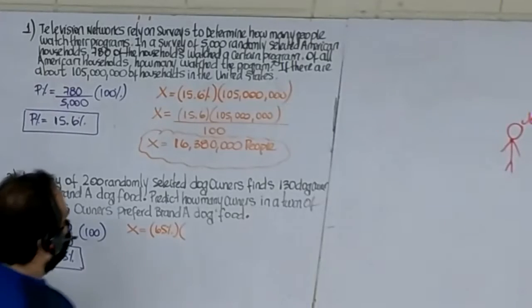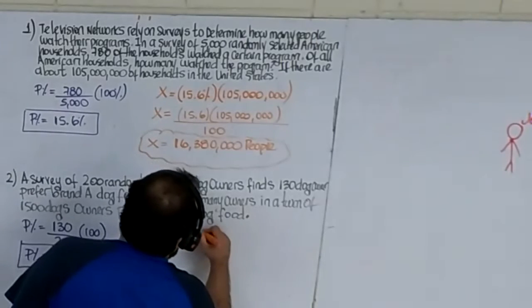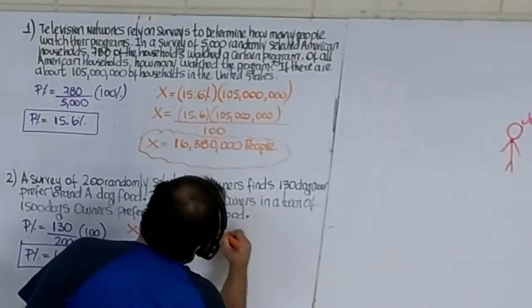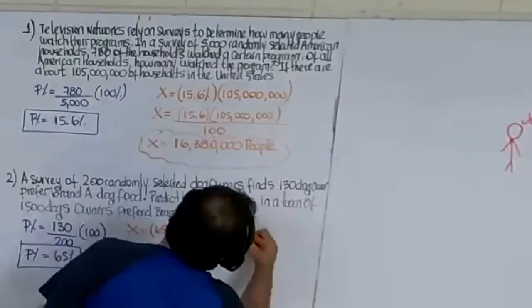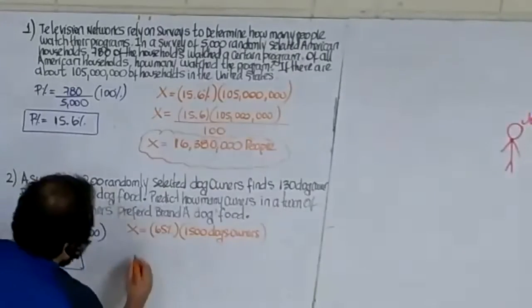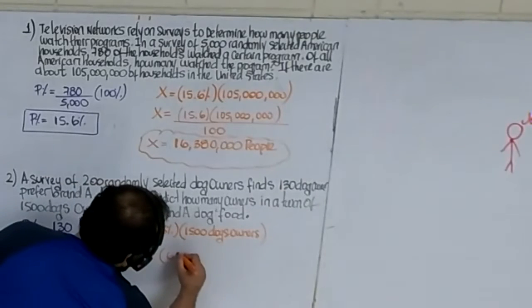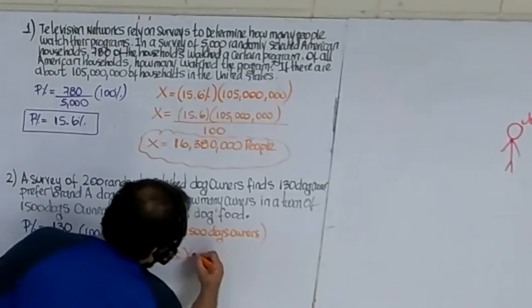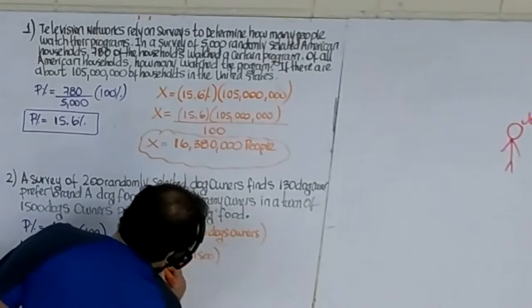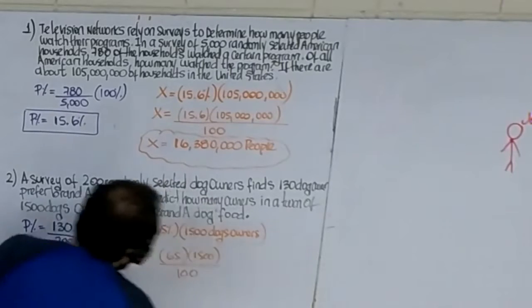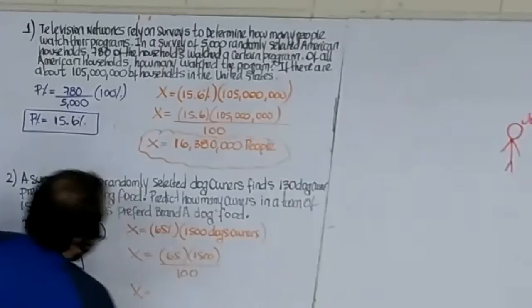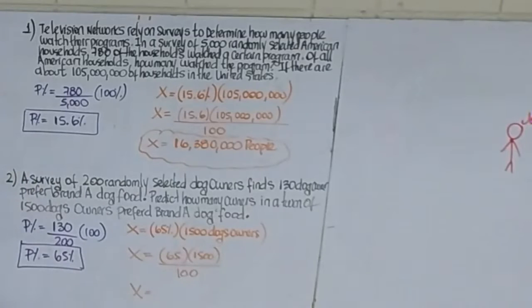What is the population? 1,500 dog owners. In simple words, X equals 65 times 1,500 divided by 100. So what will be the value of X? 975.